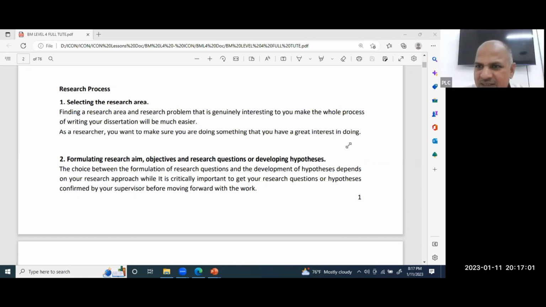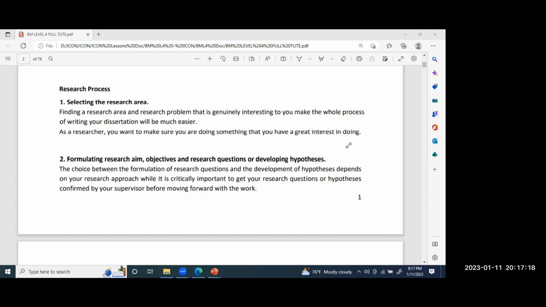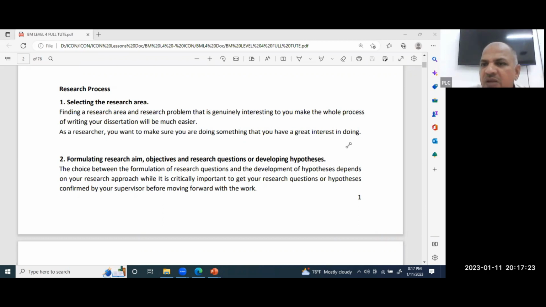It's clear? Second, formulate research aims, objectives, research questions, and hypotheses. How many terms are there? Aims, objectives, questions, hypotheses. There are four terms. So you have to identify the objectives, the aim, why you want to do your research.